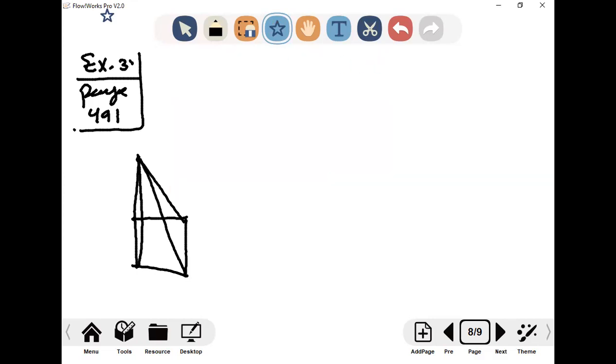What are the dimensions? Here we have 4.5, and here also 4.5, and here also 4.5. So this is equal to this, equal to this, equal to this, right?